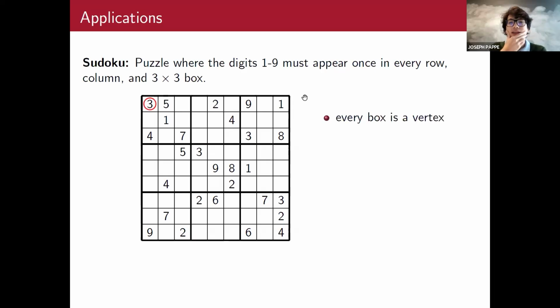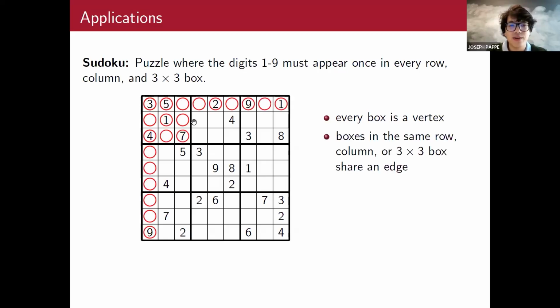We're going to think of every box as a vertex in our graph, so we'll have 81 vertices. And we're going to connect vertices that are in the same row, same column, and same 3 by 3 box. So for instance, this vertex 3 is connected to all of these other vertices.